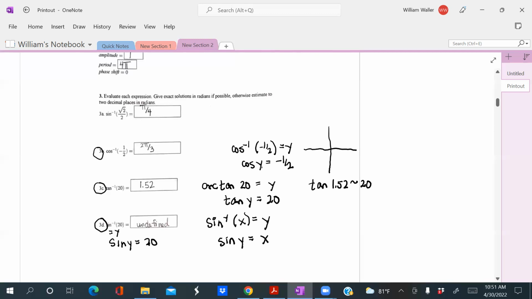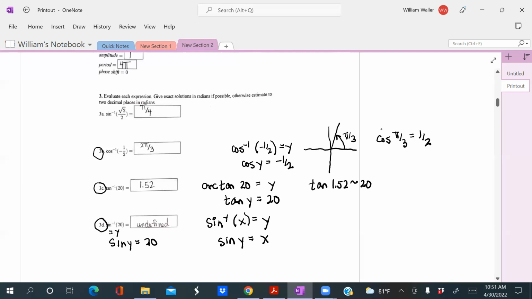So we know that angle has something to do with the angle in the first quadrant whose cosine is a positive 1/2, and that is pi over 3, because if you take the cosine of pi over 3, you get positive 1/2.